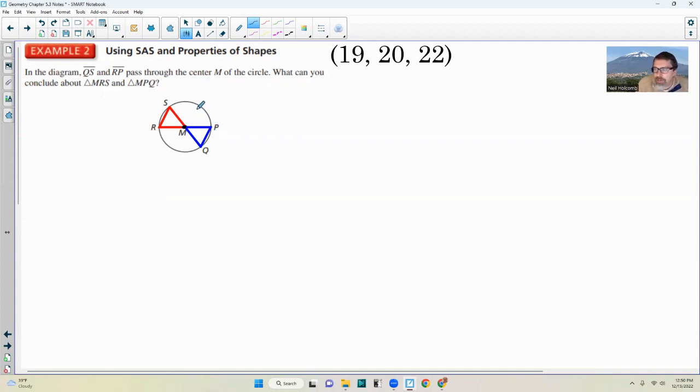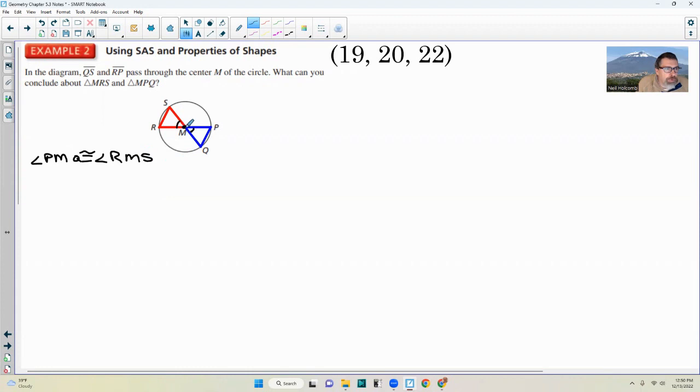So we have angle PMQ, which is right here, and angle SMR. They are congruent. So I can say angle PMQ is congruent to angle, and if I start with P and I go to M, it's got to be RMS.